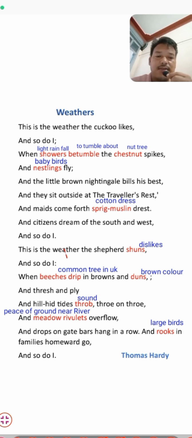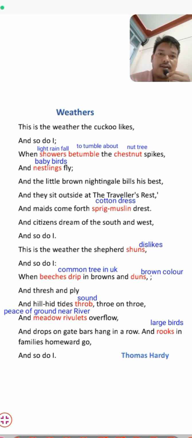Students, in the second stanza the poet is describing the dislike and dullness of the winter season, and the cold, damp and wet weather. Nobody, everybody dislikes the winter season because of its dullness and coldness.